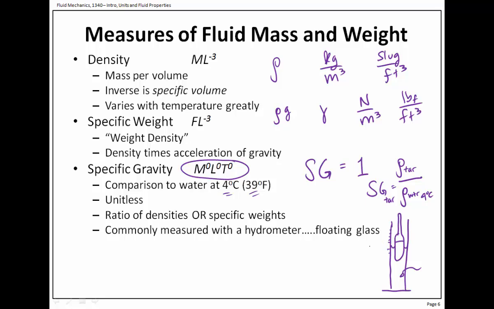You line it up with your eye, and that marks what the specific gravity is. It's a way to make an easy comparison of fluid density or specific weight without care of units and based on a standard.